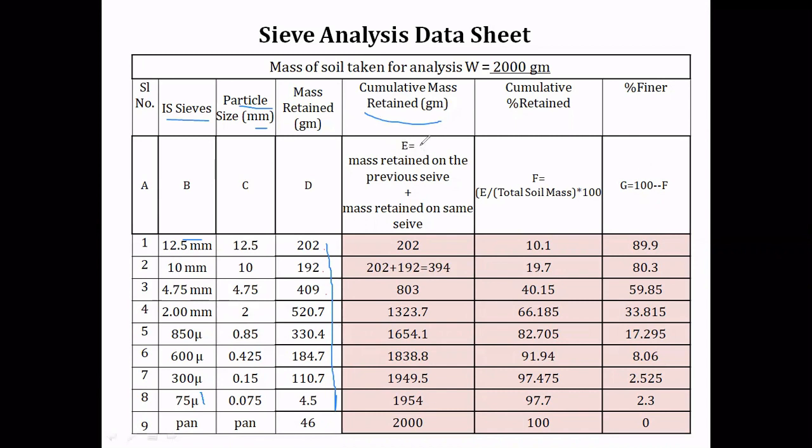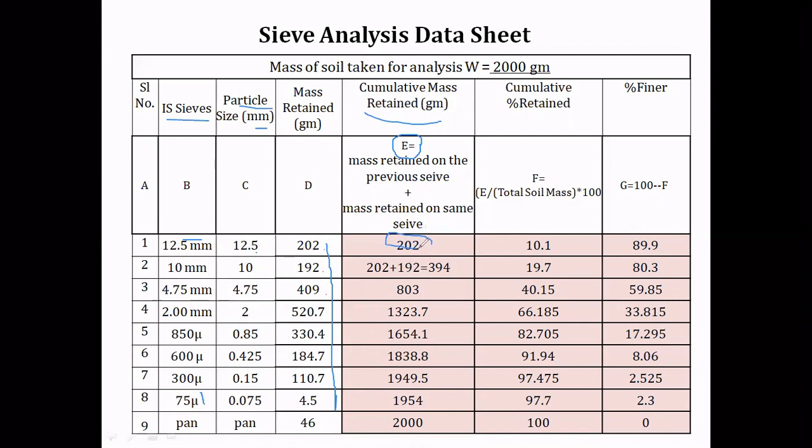Now what is column number E? Column number E is represented as mass retained on the previous sieve plus mass retained on the same sieve. So for the 12.5 mm sieve, mass retained on the previous sieve is nil because we haven't used a sieve prior to 12.5 mm. So it becomes 0 plus mass retained on the same sieve, that is on 12.5, it is 202.